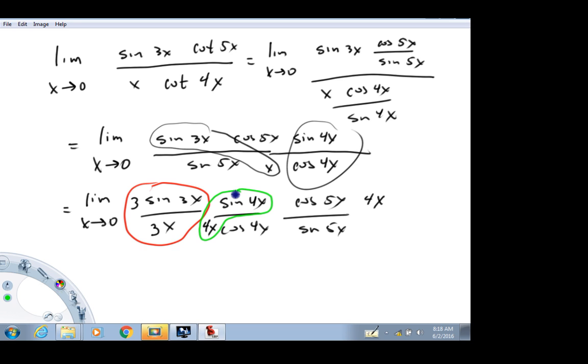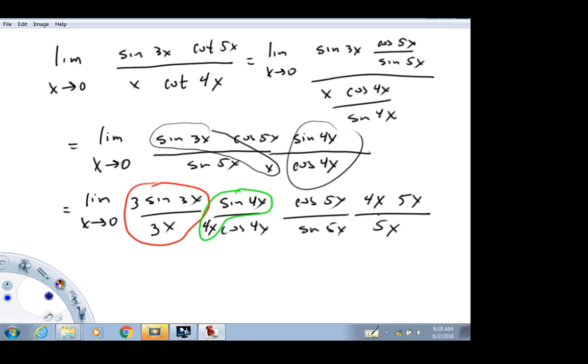All right. Now let's look right here. I've got sine of 5x in the bottom, 4x up top. So this limit isn't 1. In order for it to be 1, I need a 5x up top. So what I'm going to do is I'll just do this. I'm going to put a 5x here and divide by 5x.